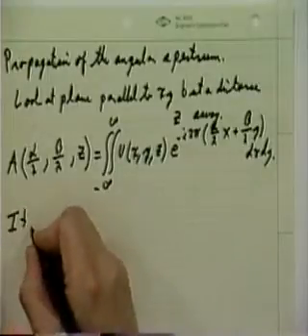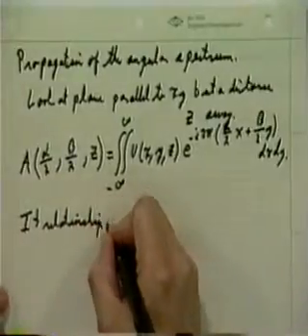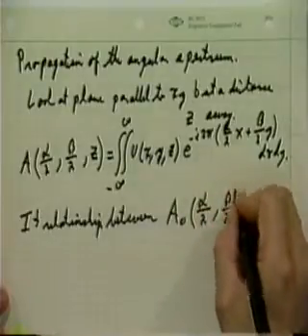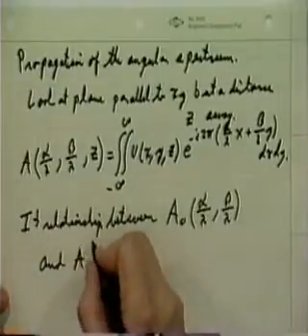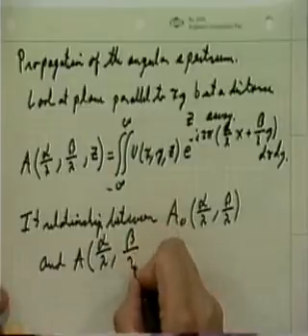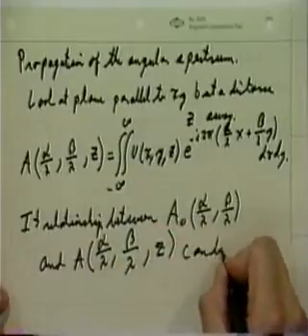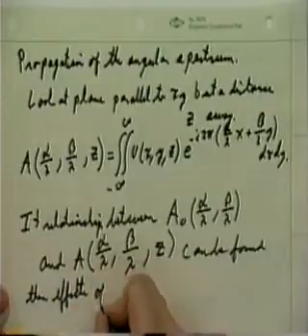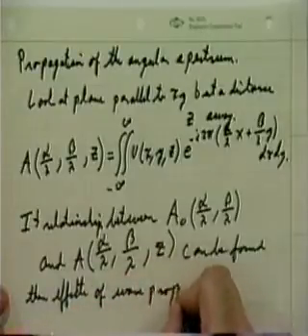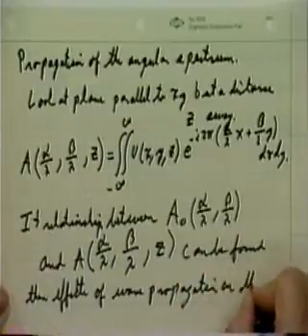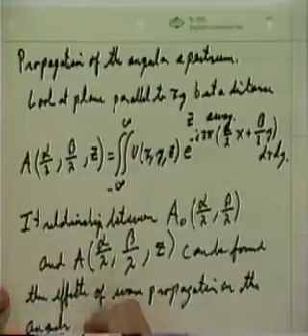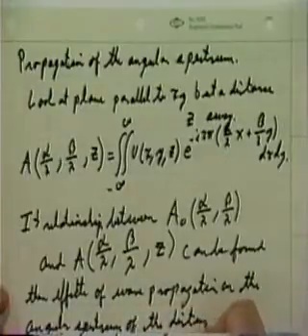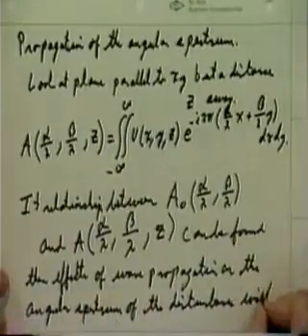If a relationship between A naught of alpha over lambda, beta over lambda, and A of alpha over lambda, beta over lambda, and z can be found, then effects of wave propagation on the angular spectrum of the disturbance will be evident.